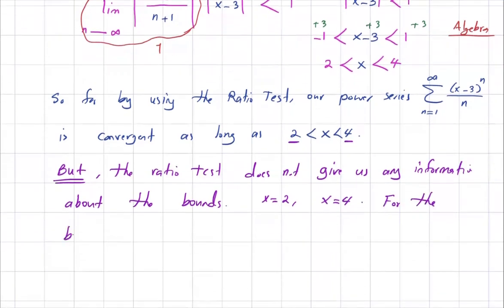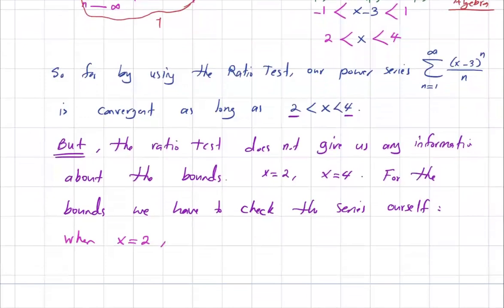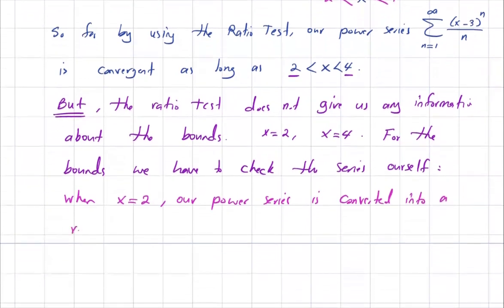For these two, we have to manually check the series. For the bounds, we have to check the series ourselves. So let us begin. When x is equal to 2, our power series is converted into a regular series that you saw before.